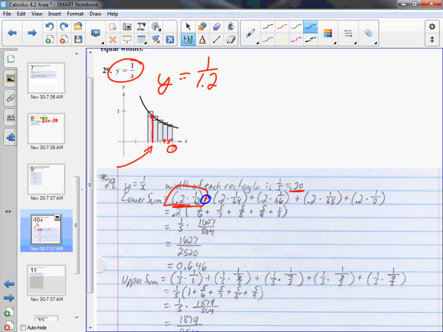Now, plus, we need to get the area of the second rectangle. So, here's your second rectangle. What's its width? Its base? 0.2 times, now to get its height is 1 over x. It's f of x, which is 1 over x.